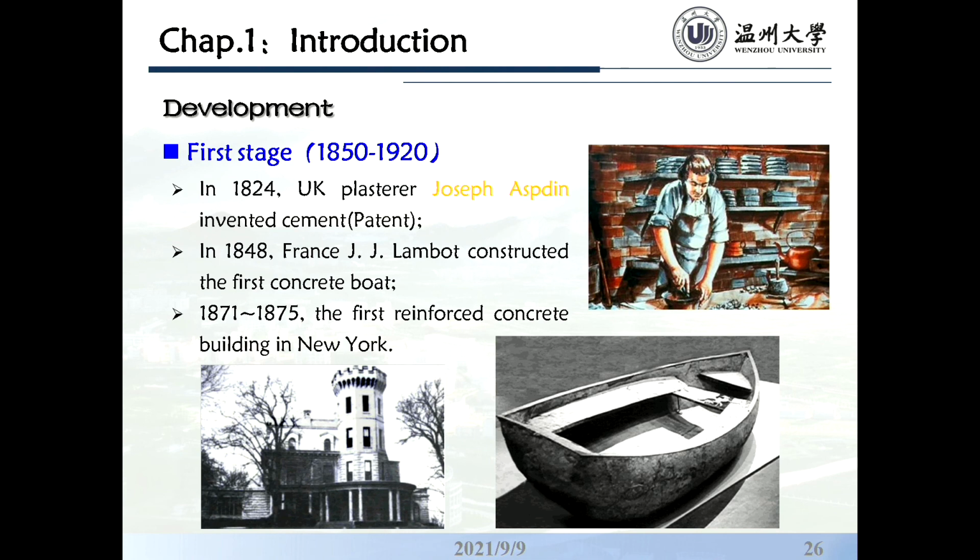Then later, people used concrete to construct a boat. But of course, if we put this boat on the river, it cannot float, right? Because at this stage, people just tried and tried several different things.